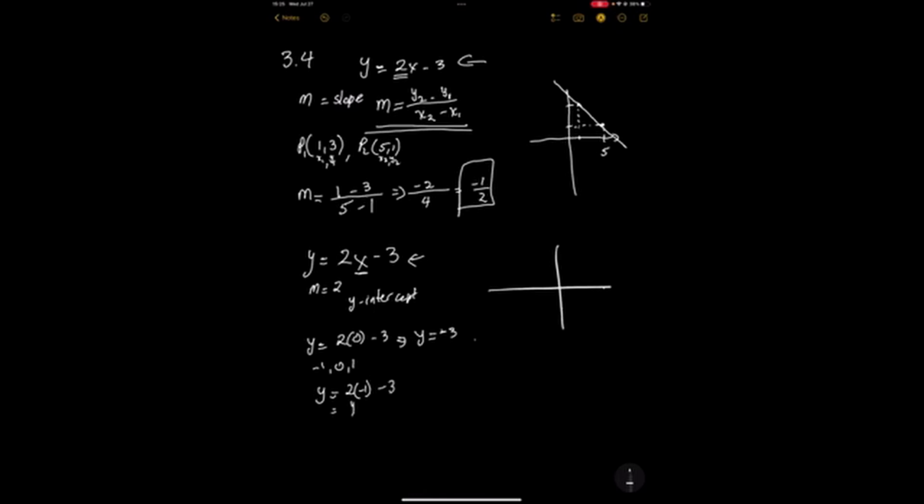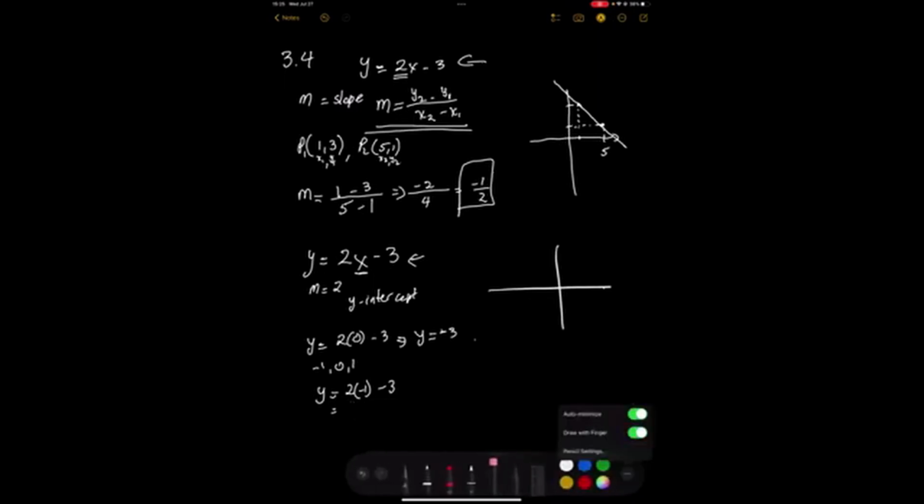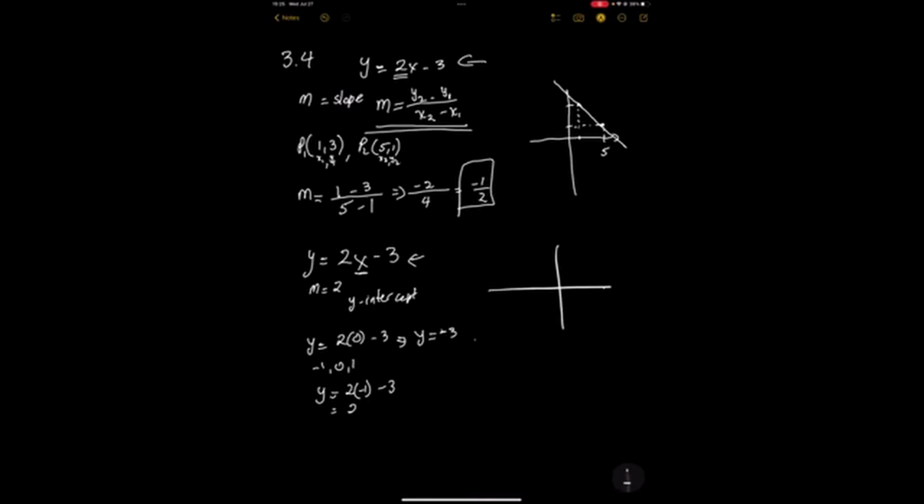For 0, we would have 2 times 0 minus 3, and for 1 we would have 2 times 1 minus 3. Well, 2 times -1 is -2, minus 3 is -5. 2 times 0 is 0, minus 3 is -3, and 2 times 1 is 2, minus 3 is -1.